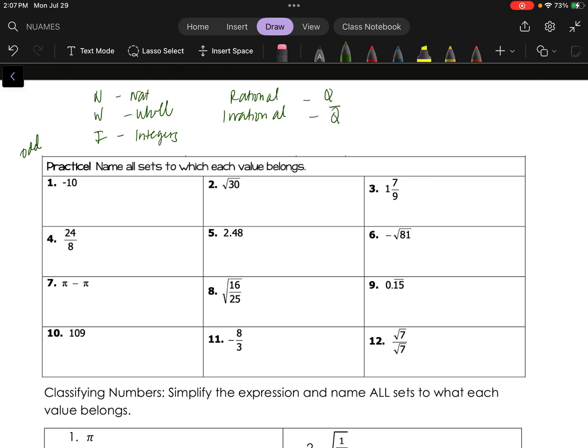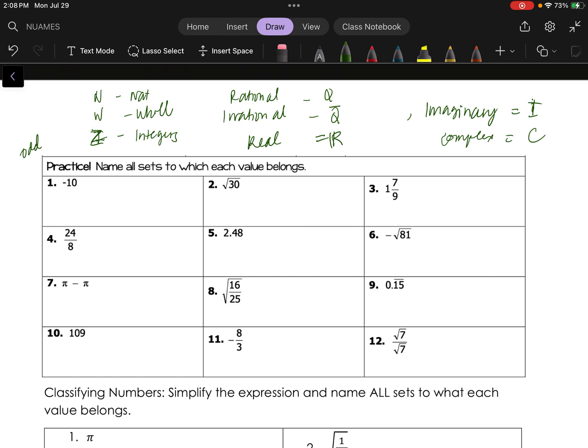We also have the real, and we have the imaginary. Sorry, integers, this is Z. And we have the complex.